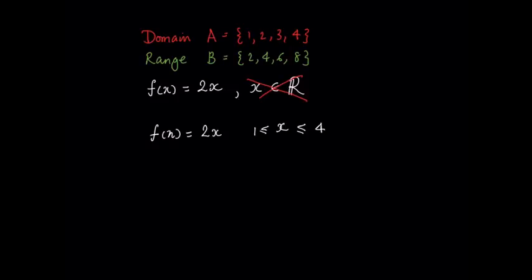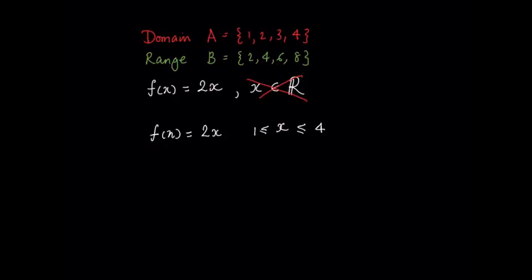It could include 1, it could include 4, but it says nothing about what's in between. It could be, for example, 1.003769 or 2.538 or something like that. So we need to further qualify this in some way.